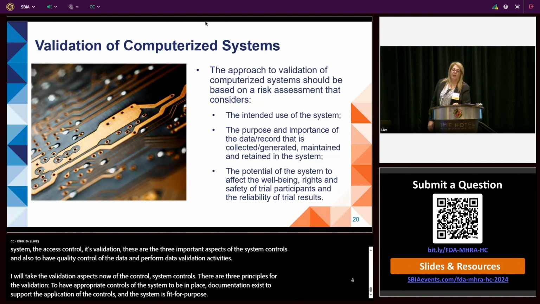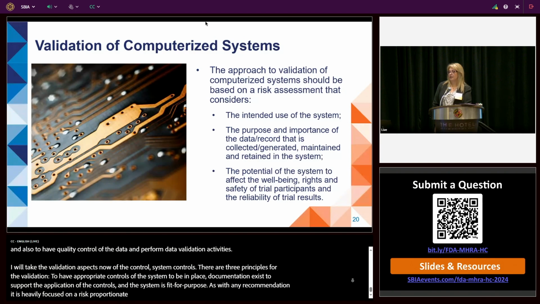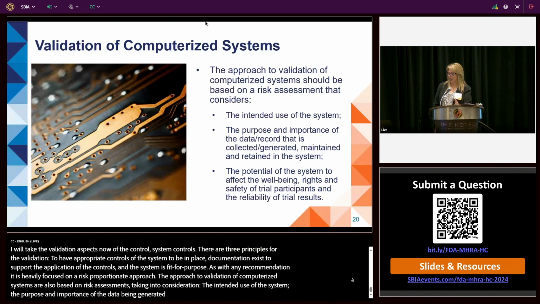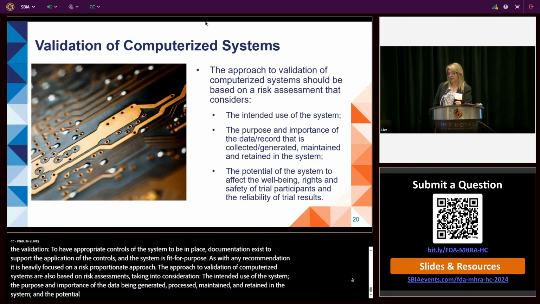As with any recommendation in the R3 being heavily focused on risk proportionate approach, the approach to validation of computerized system are also based on risk assessment, taking into consideration the intended use of the system, the purpose and importance of the data being generated, processed, maintained, and retained in the system, and the potential of the system to affect the safety, well-being, right, and participants, or the integrity and reliability of the results.